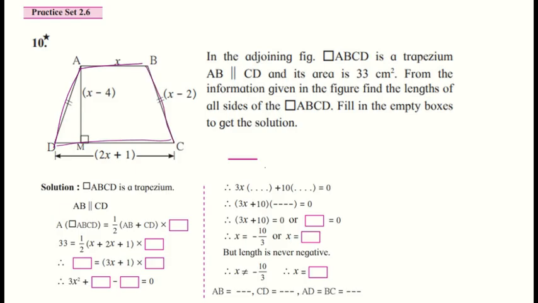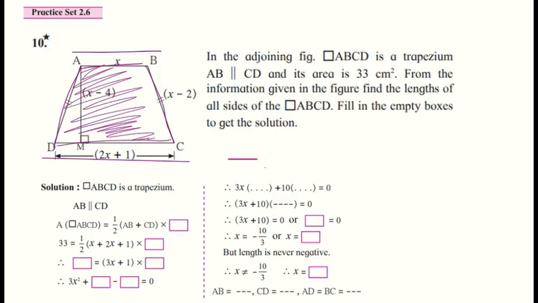And AB is parallel to CD, and its area is 33 centimeter square. From the information given in the figure, find the length of all sides of quadrilateral ABCD. That is, we have to find the length of AB, BC, CD and AD. Fill in the empty boxes to get the solution.